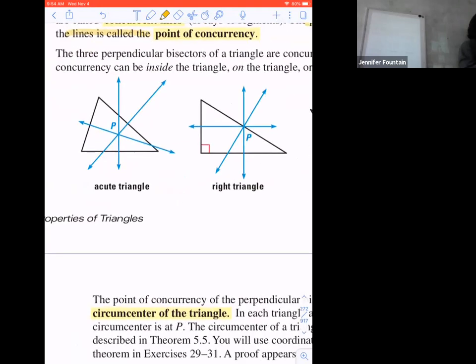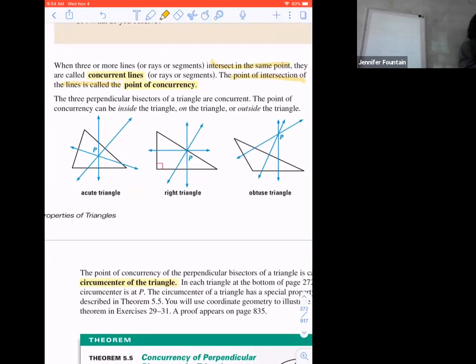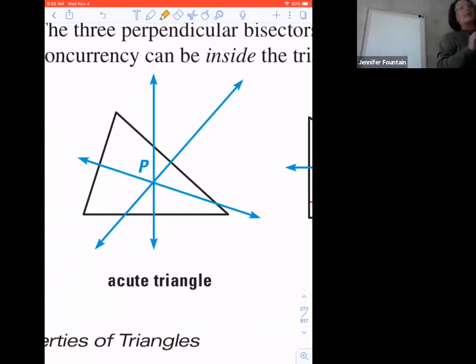Look at our acute triangle. It says 3 particular bisectors of a triangle. Every triangle is going to have 3 bisectors, okay? Because there's 3 sides, I can bisect every triangle 3 ways. So if we look at this example here of our acute triangle, that's what this line straight up and down is.